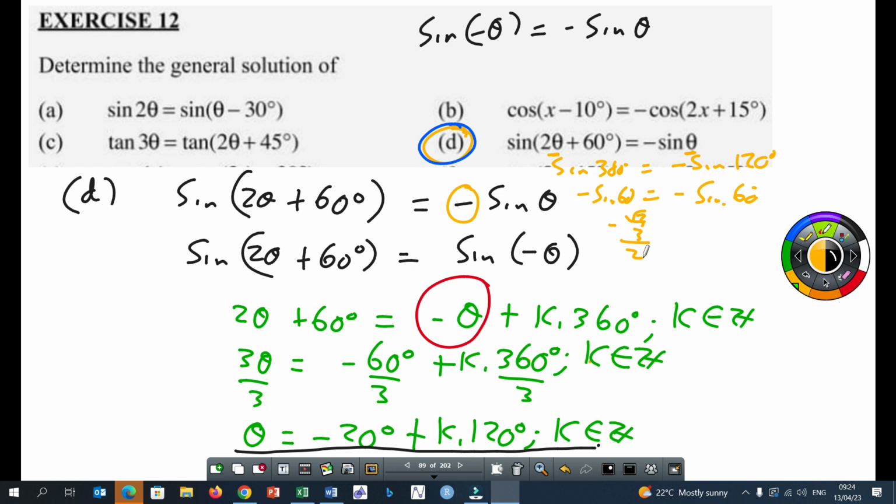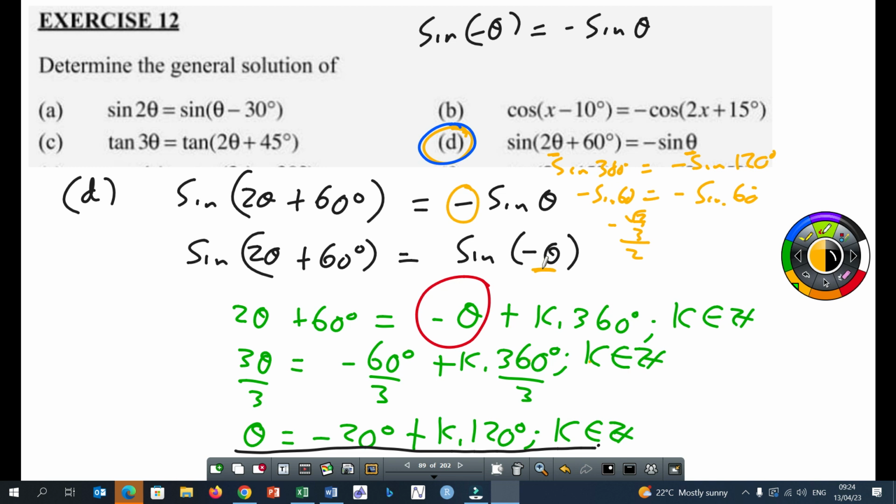Since we said that we work with the second quadrant, in the second quadrant, sine is negative. I think I might need to explain to you what's happening because you are missing some things. If an angle is negative theta, then theta is acute.